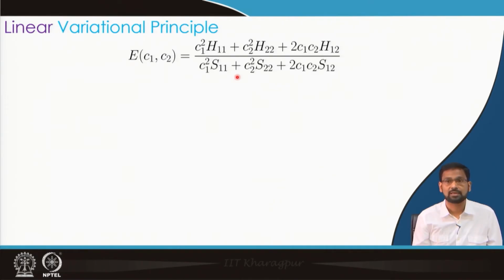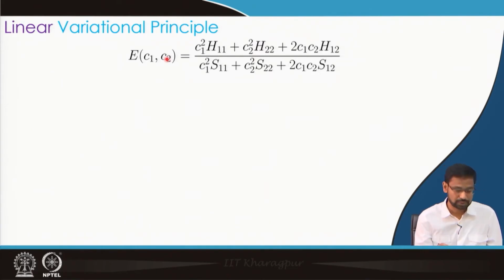The task at hand becomes that we have to find the values of C1 and C2 such that the energy is minimum, with respect to both C1 as well as C2, because the variational principle tells us that, given the choice of trial function you have made, the best energy is obtained when you minimize the energy function.